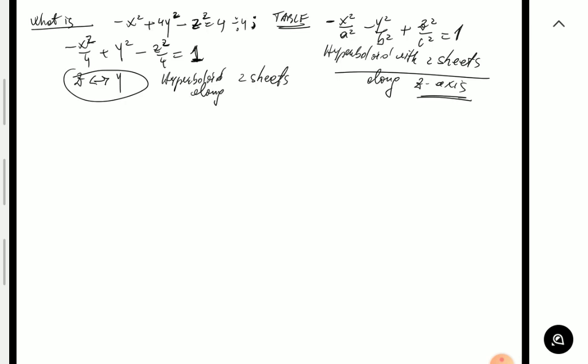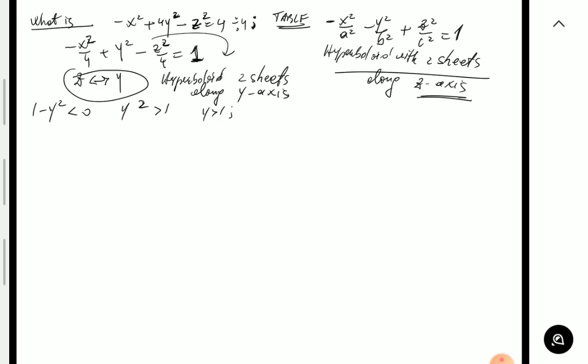along the y-axis. It's two sheets because, again, if I move y squared to the right hand side, the expression minus 1 minus y squared should be negative because the left side remains negative, which means y squared should be greater than 1.